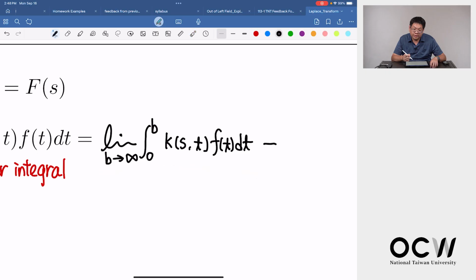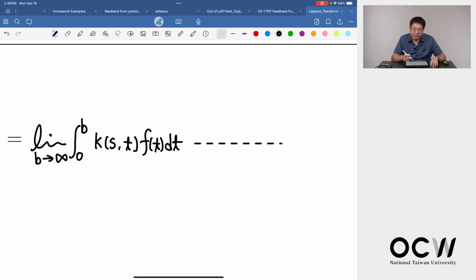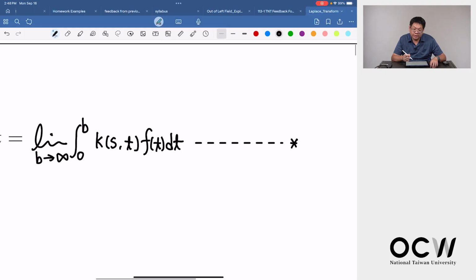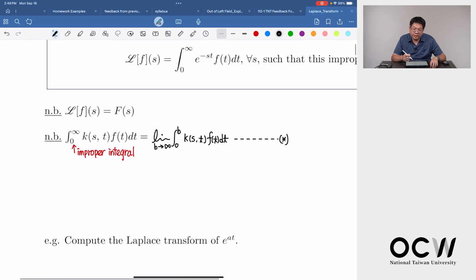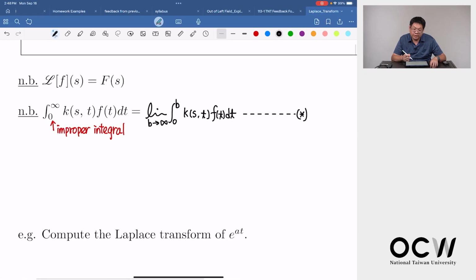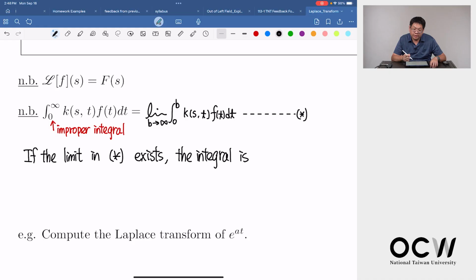So suppose this is equation star. If the limit in the star equation exists, then we call the integral convergent.